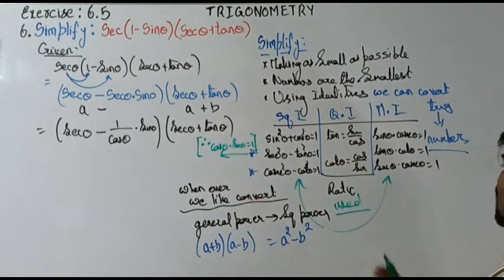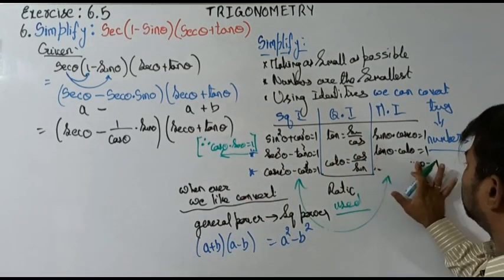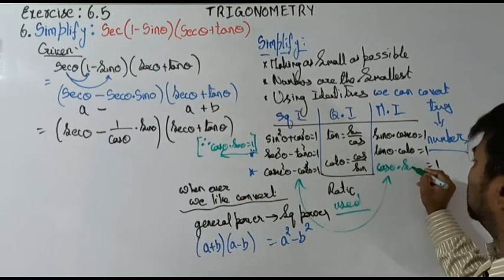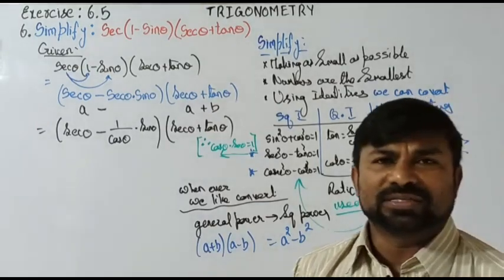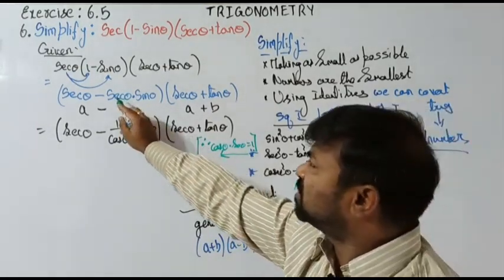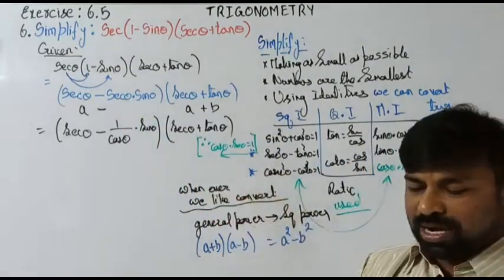I think I messed up a little here, but it's nothing but cos theta into secant theta is equal to 1. That is the formula here. So cos theta into secant theta is equal to 1 means in the place of secant, we can write 1 by cos.